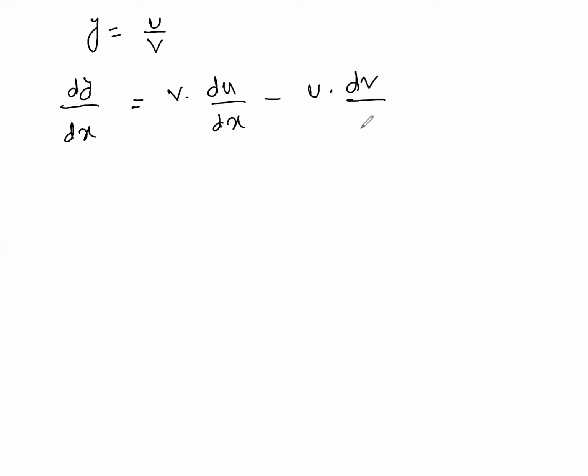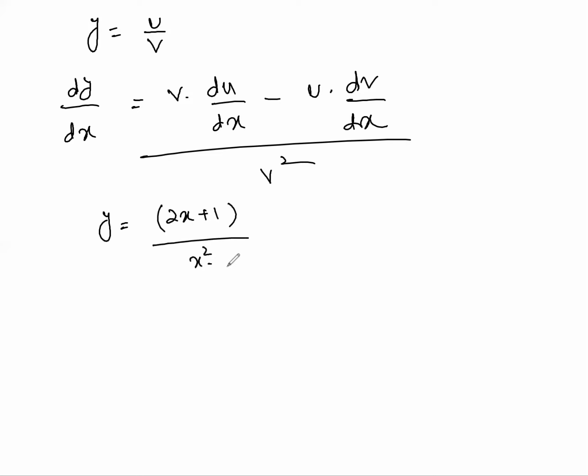Similarly, if you have two functions in quotient form like u by v, then its derivative dy by dx is: first we write v, derivative of u, then minus u as it is, derivative of v, divided by v square. For example, I take the same function 2x plus 1 over x square minus 1.